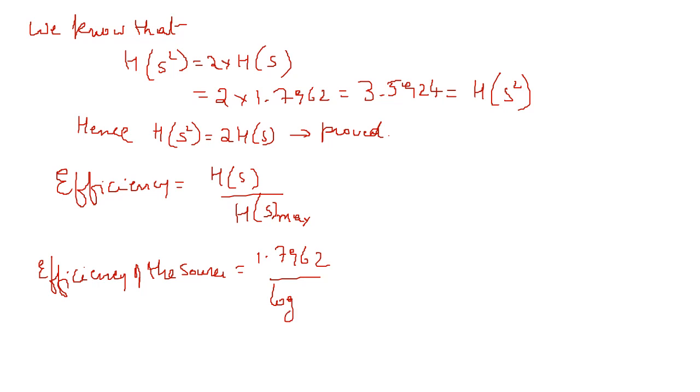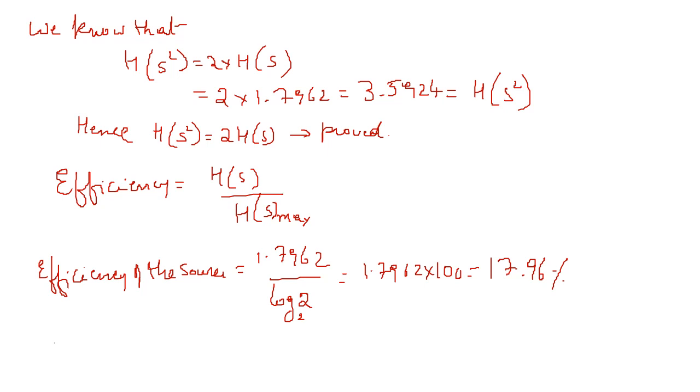H of S max is log q, and q is equal to 2 here, so this value is 1. So we get the efficiency as 1.7962 into 100, which is equal to 17.96%. So this will be the efficiency of the given source.